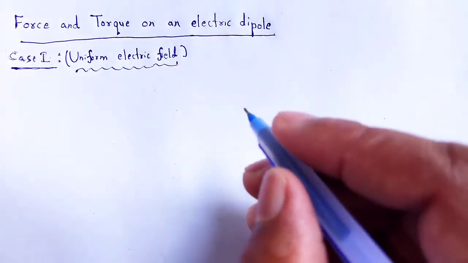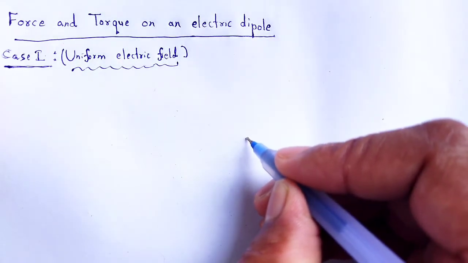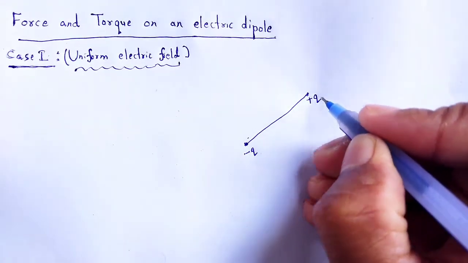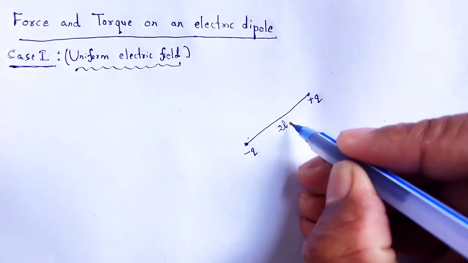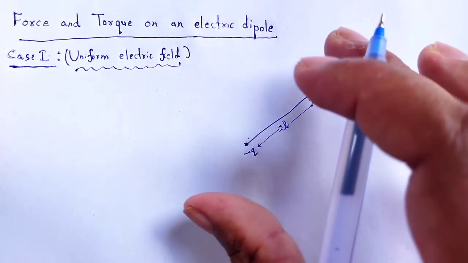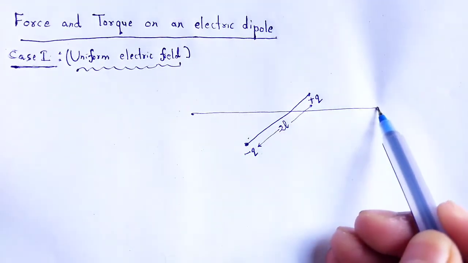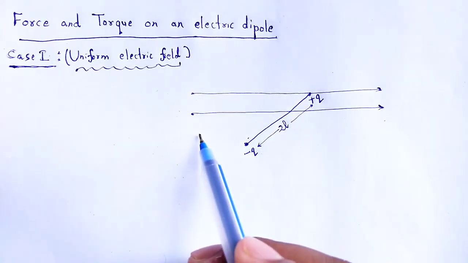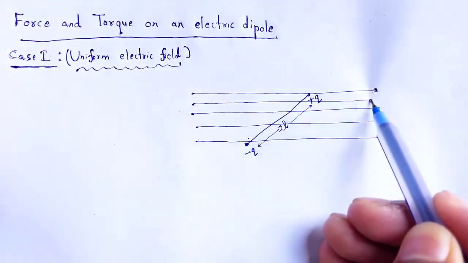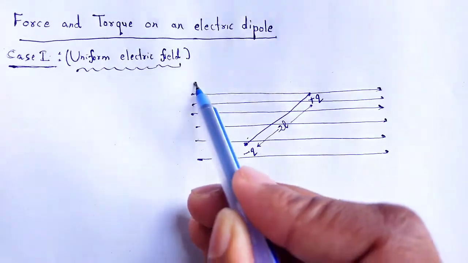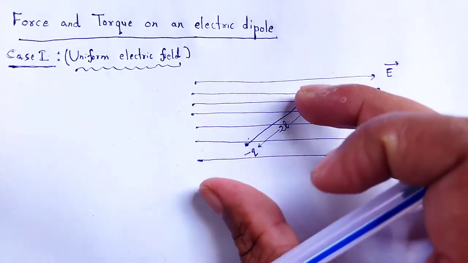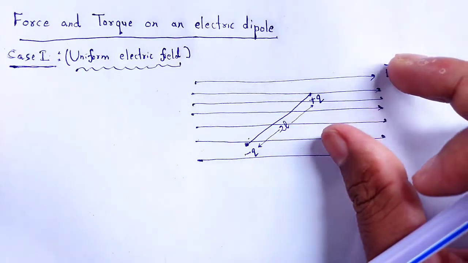Let us consider an electric dipole, minus q and plus q, separated by a distance 2L, placed in a uniform electric field, E vector.